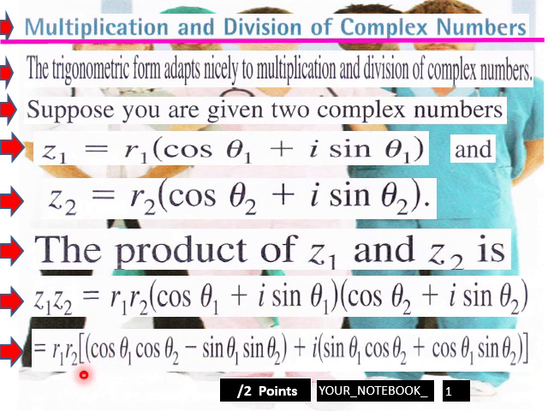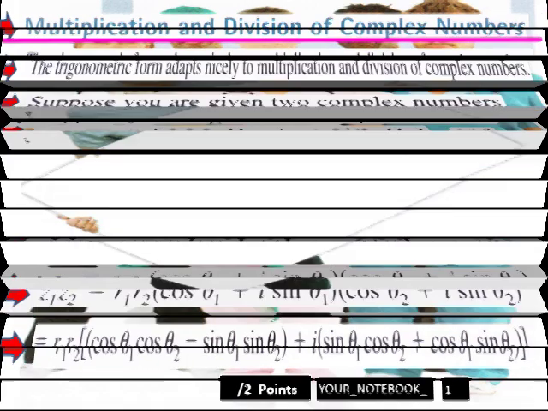So this is what we end up with: r1 r2 times bracket cosine theta 1 cosine theta 2 minus sine theta 1 sine theta 2, plus i times quantity sine theta 1 cosine theta 2 plus cosine theta 1 sine theta 2, bracket. So there we have the product of Z1 and Z2.